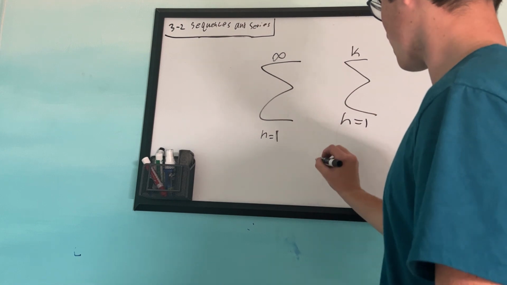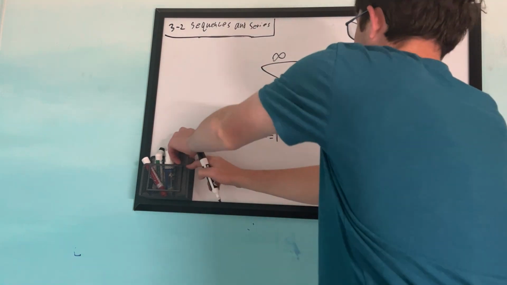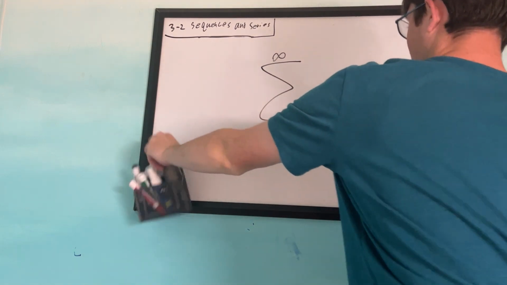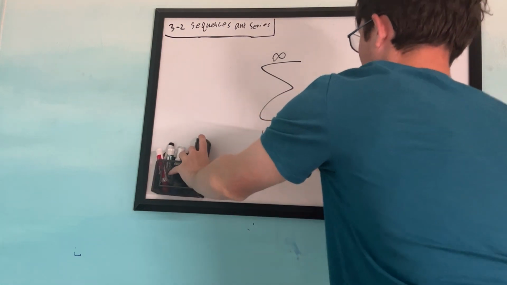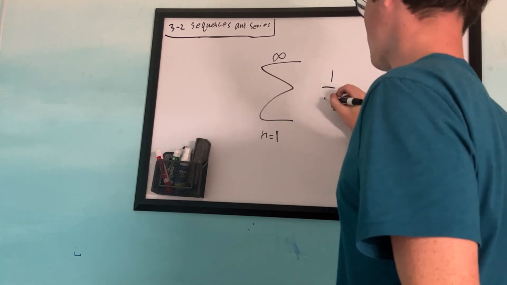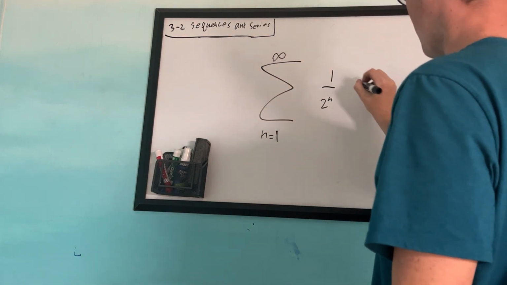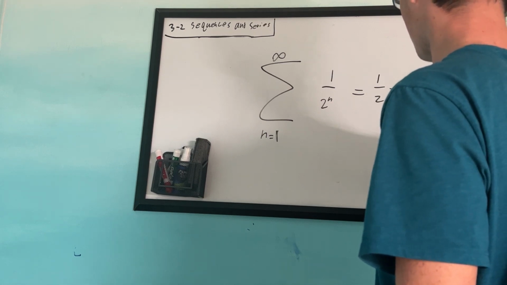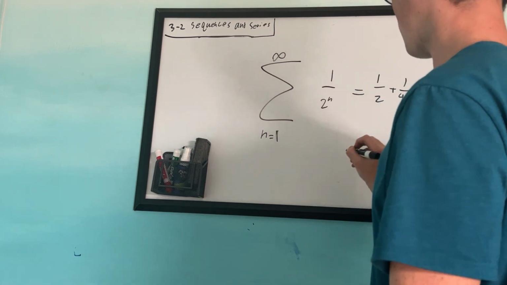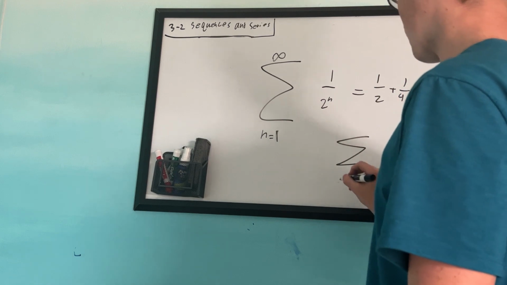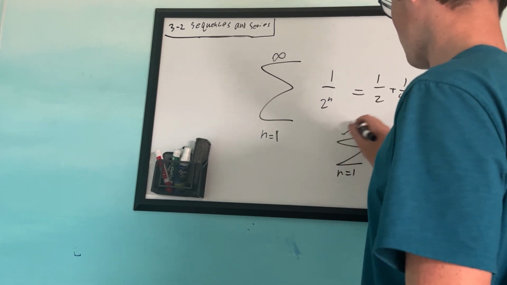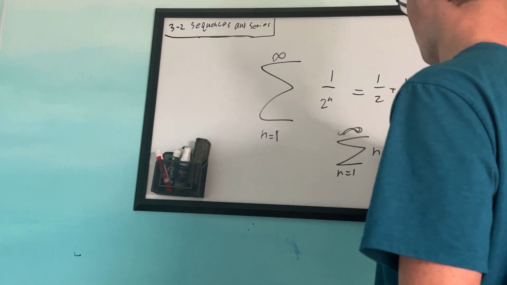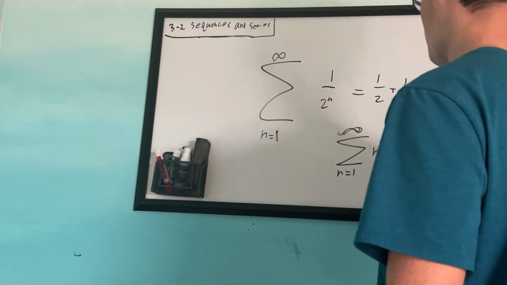So for example, if we did the sum from n equals 1 to infinity of 1 over 2 to the n, this would be equal to 1/2 plus 1/4 plus 1/8 and so on. Or if we did n equals 1 to infinity of just n, we would have 1 plus 2 plus 3 and so on.